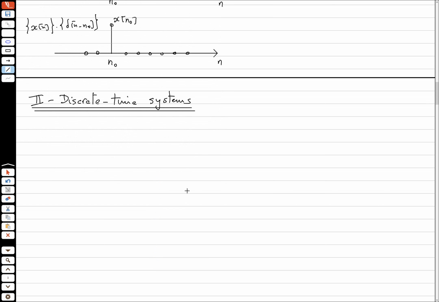So a system is a black box that has an input sequence and an output sequence.